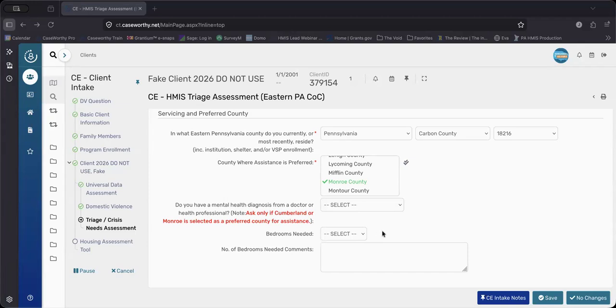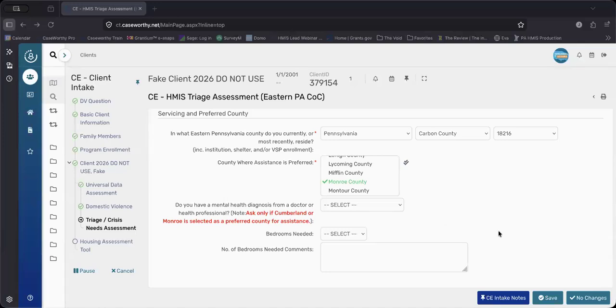It can be helpful for people fleeing DV who answered yes in the domestic violence assessment screen right before this. That's a situation where it's a good idea to ask about how many bedrooms are needed. But again, it's never required to ask that question. It's completely optional and situational.